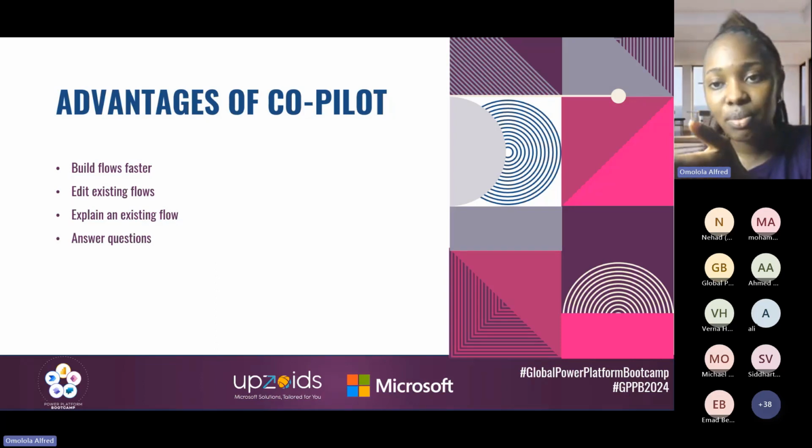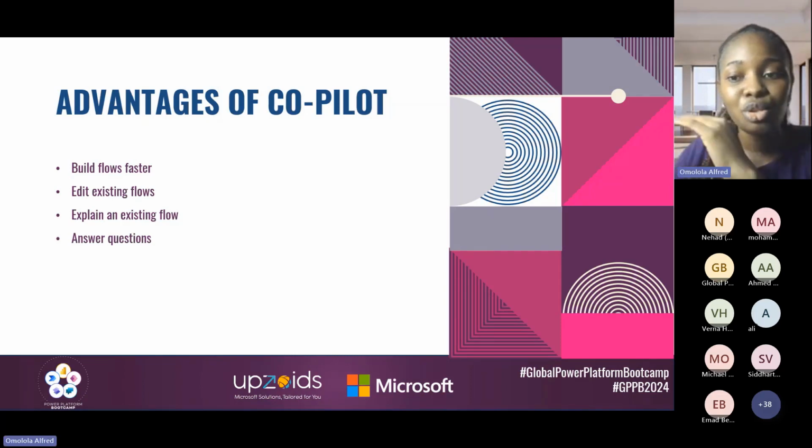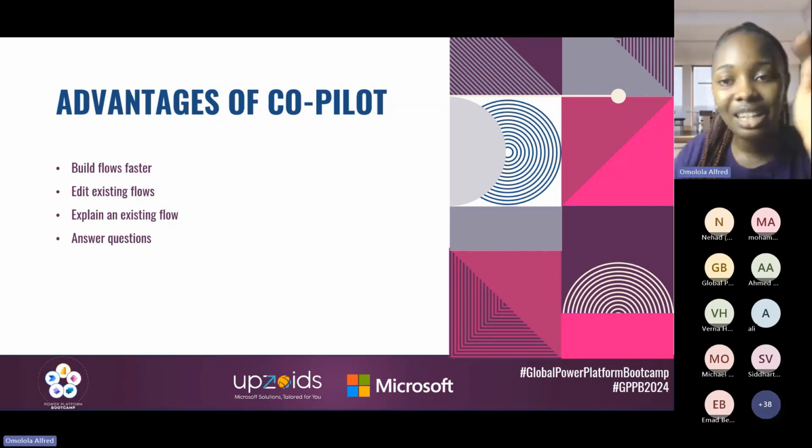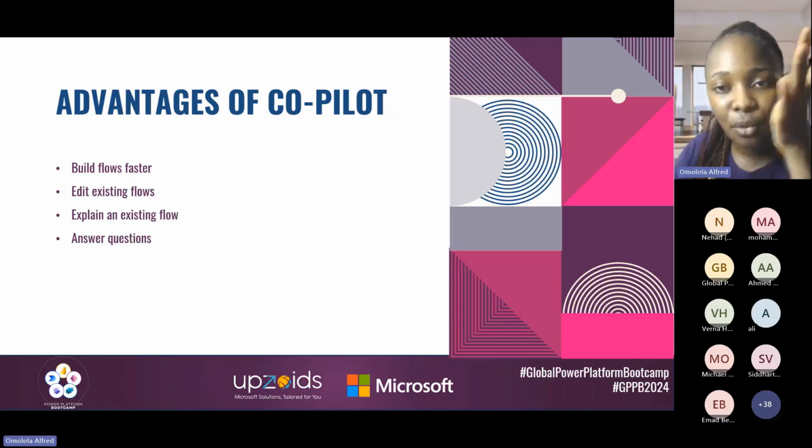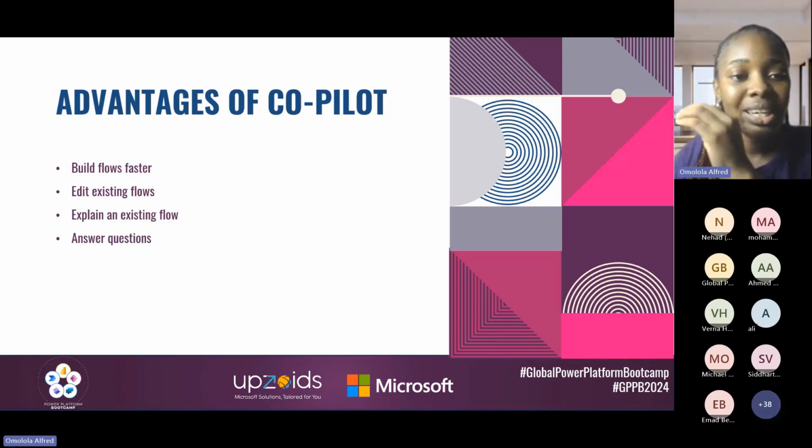You're talking to the AI and it's replying to you, doing what you want it to do. You just tell it what you want, and it comes up with the flow structure. So it helps you to build flows faster.